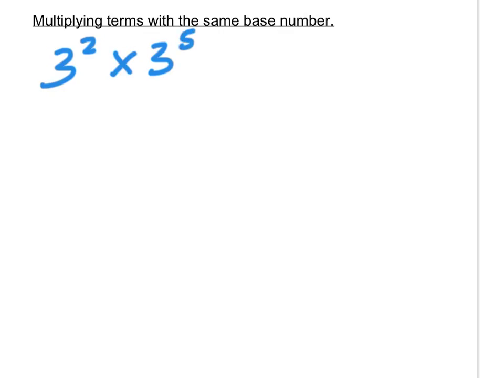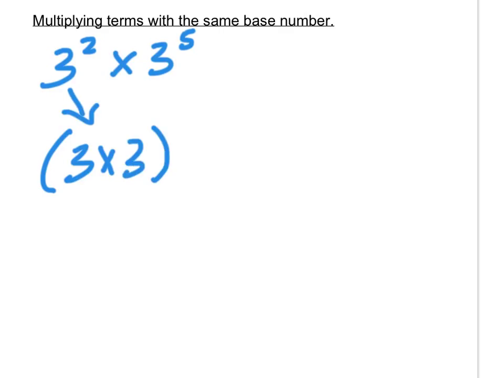I could find that 3 squared is 9, 3 to the power of 5 is 243, and multiply those together to get a big answer. But sometimes I want the answer in exponent form. If you have 3 to the power of 2, that's 3 times 3, and I'm multiplying that by 3 to the power of 5.